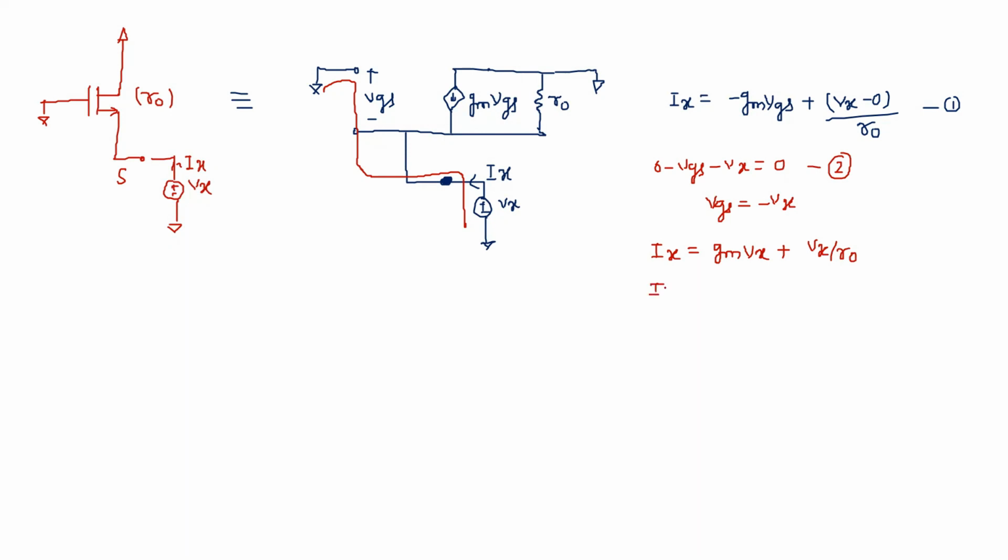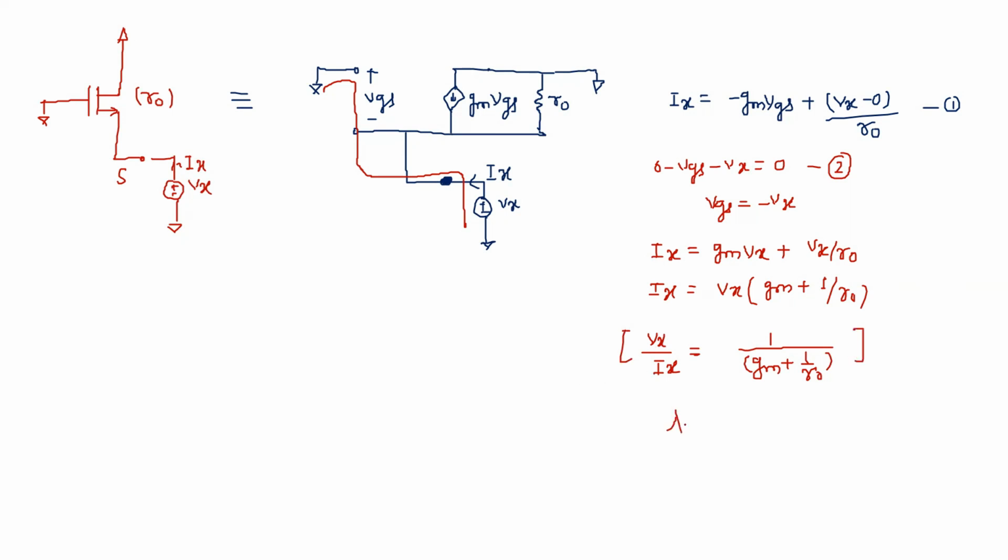So if we take Vx common on the right hand side, then gm plus 1 upon r0 will be there. So the ratio Vx by Ix is nothing but 1 upon gm plus 1 upon r0. This is the impedance when we look from the side of source.